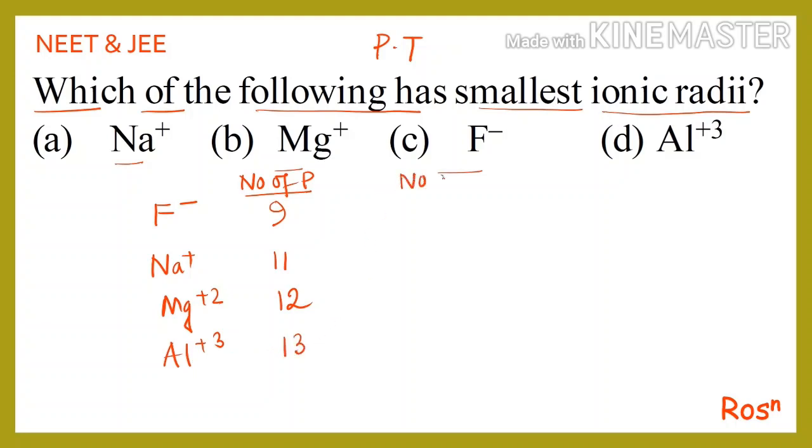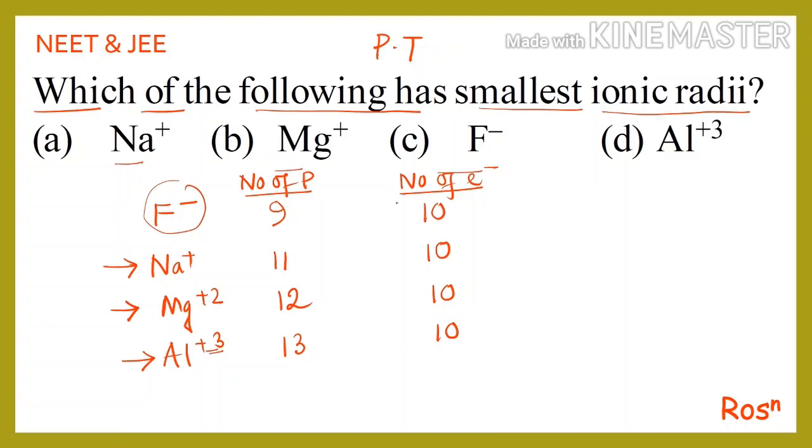And the number of electrons for F minus is 10 because it gains 1 electron, for sodium it is 10 because it loses 1 electron, for magnesium it is 10 because it loses 2 electrons, and for aluminium plus 3 it is also 10 because it loses 3 electrons.